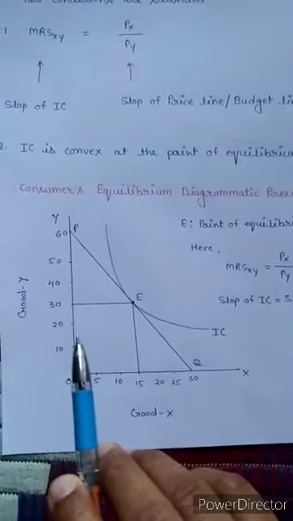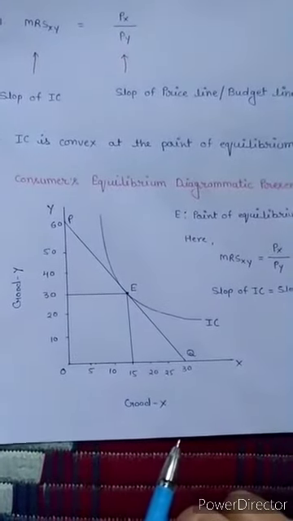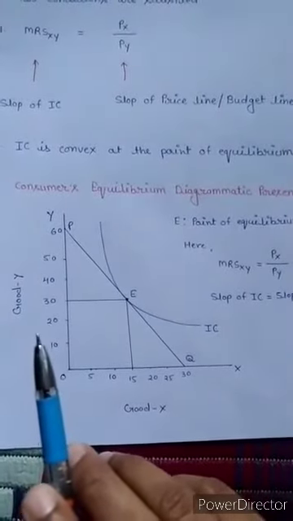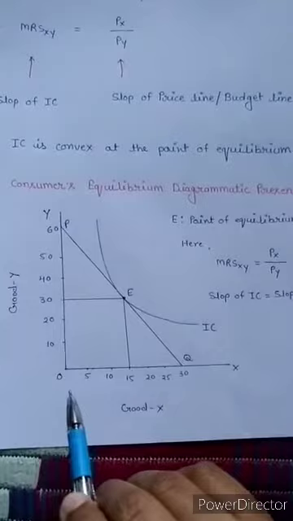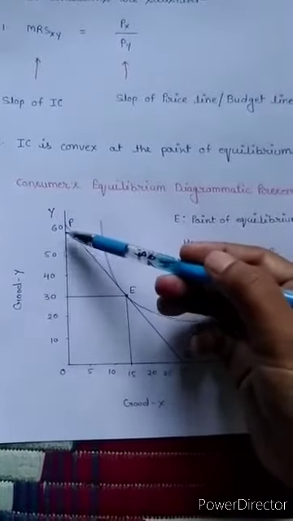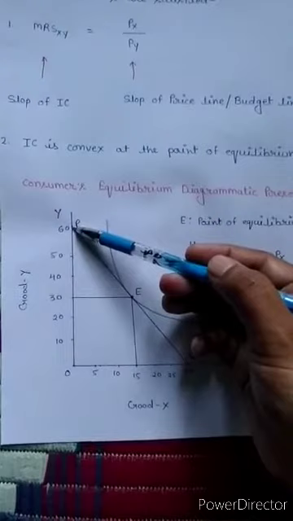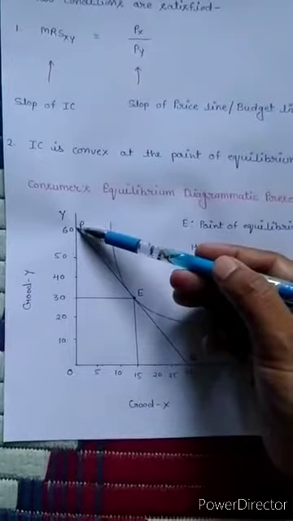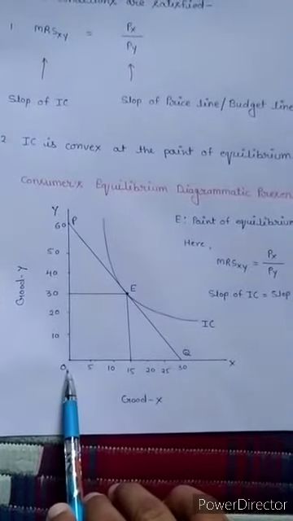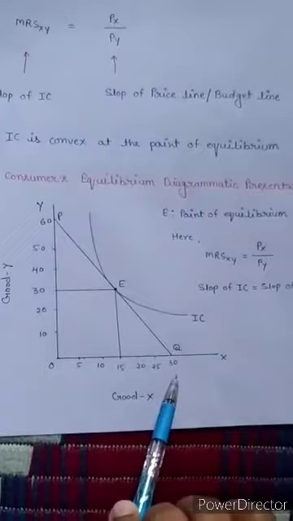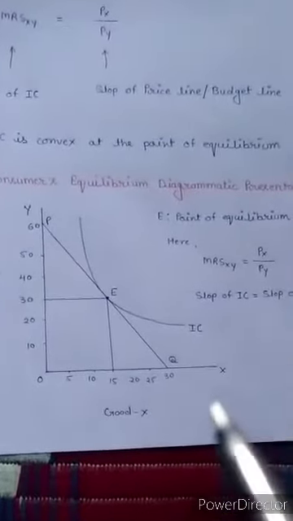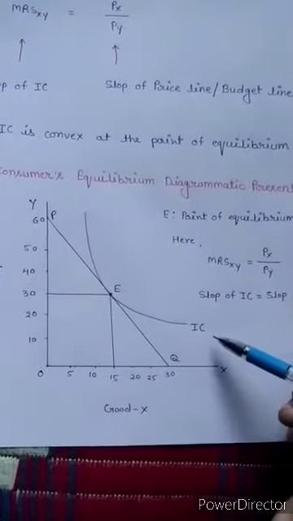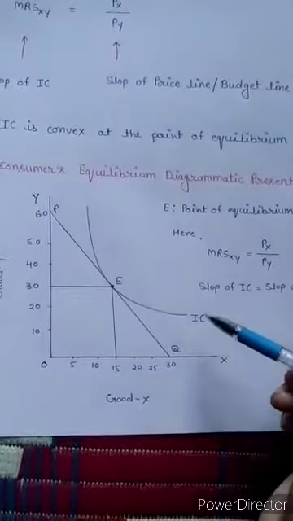The price of commodity X is 2 rupees per unit, and the price of commodity Y is 1 rupee per unit. If the consumer spends all his income on good Y, he can purchase 60 units of good Y. On the other hand, if he spends all his income on good X, he can purchase 30 units of good X. And this is the IC, the indifference curve.